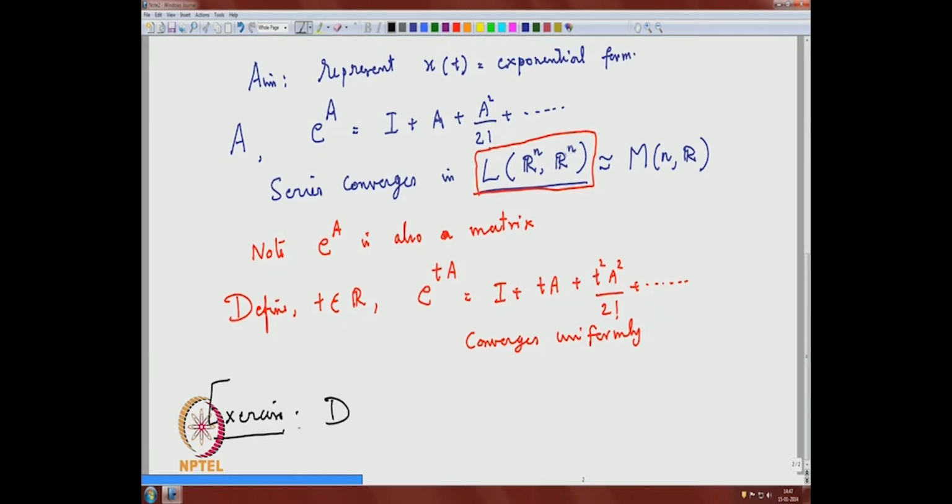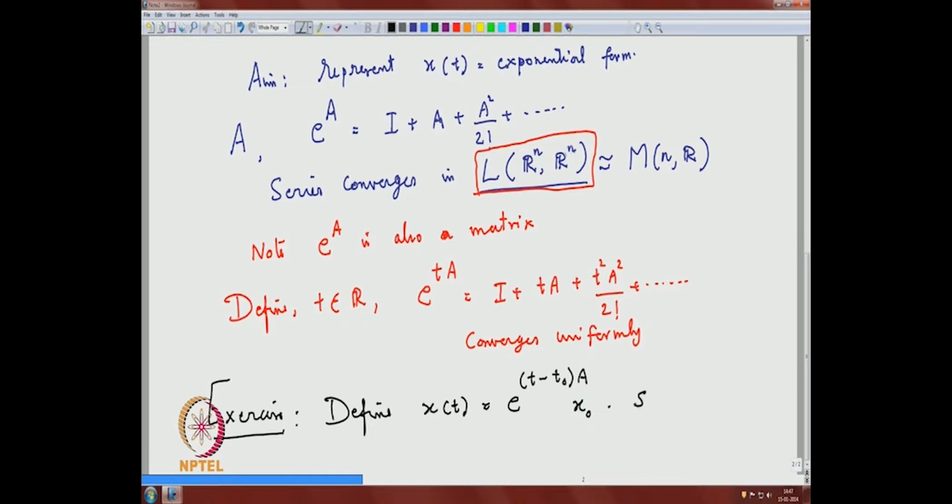Define x t is equal to e power t minus t naught of a times x naught. Note that e power (t minus t naught) into a is a matrix. So, that matrix will act on the vector x naught and x t is defined that way.